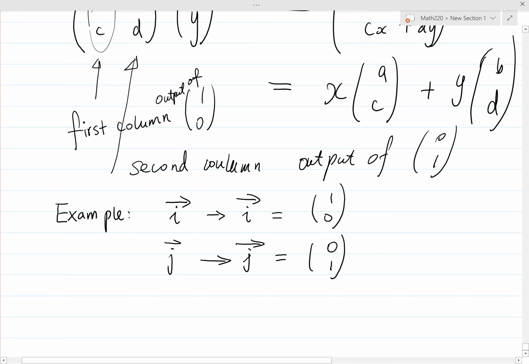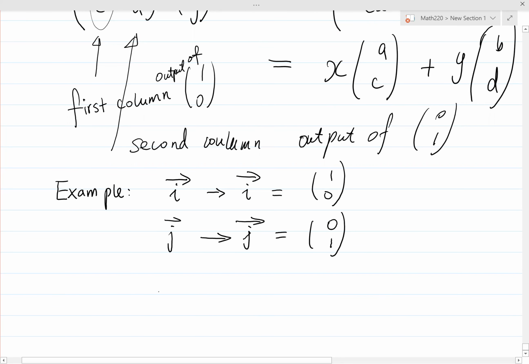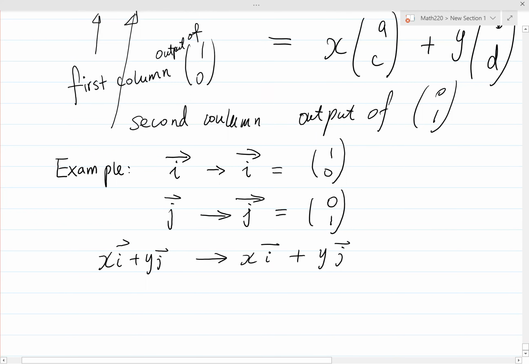So you have xI plus yJ, I maps to I, J maps to J, so any vector is mapped to itself. Nothing changes.